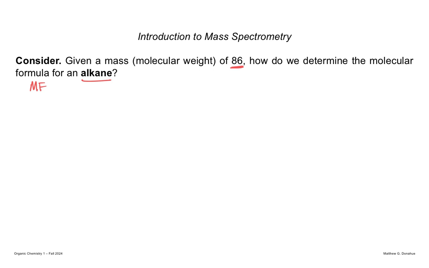That's another clue. What you don't see on this slide is any sort of structure, right? So how do you convert the number 86 into a molecular formula that's an alkane?